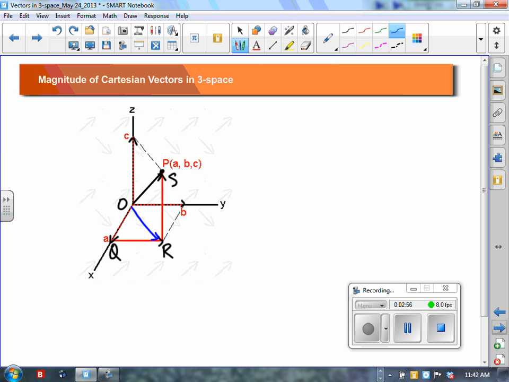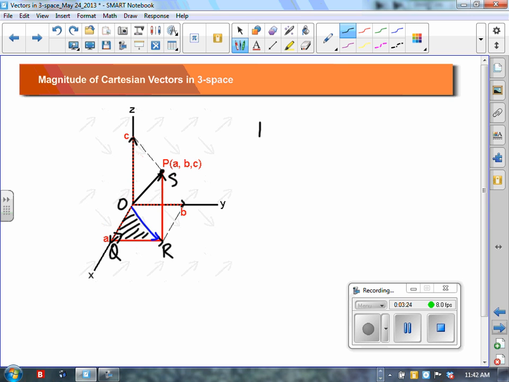Also recognizing the fact that those vectors are perpendicular, or orthogonal, to one another. That is, there's a right angle between them. So what we should do is begin with that triangle, OQR, which we see here, and use the Pythagorean theorem to develop a relationship for the length of the vector OR.